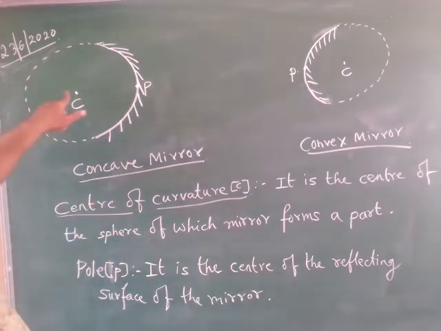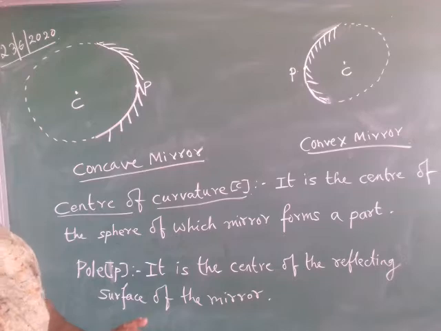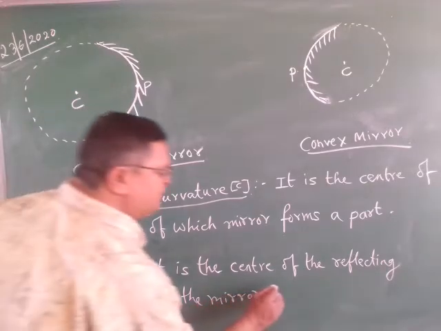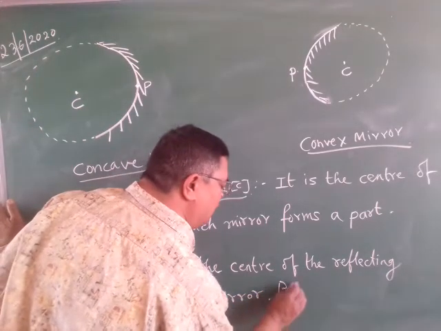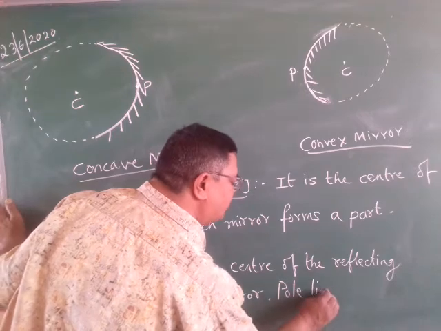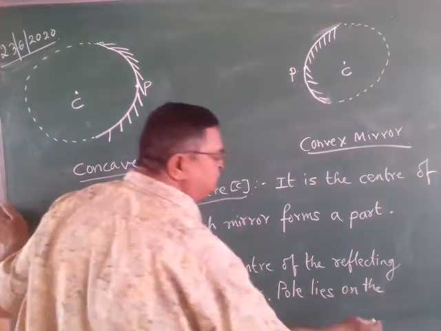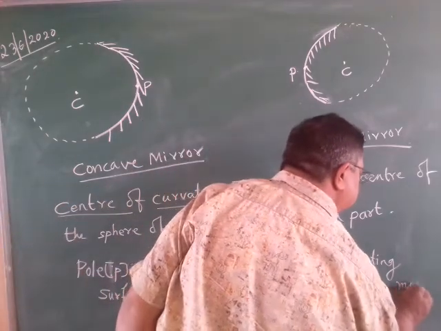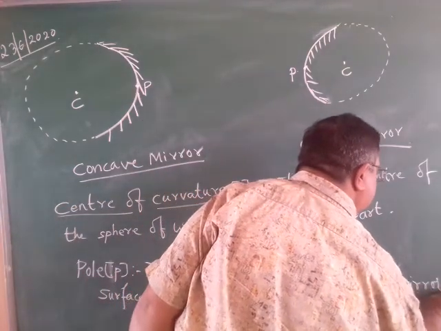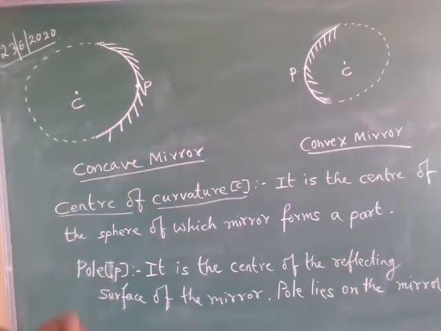You can see the center of curvature lies outside the mirror, whereas pole lies on the mirror. So this is about the center of curvature and the pole of the mirror.